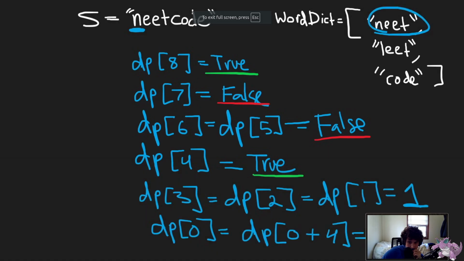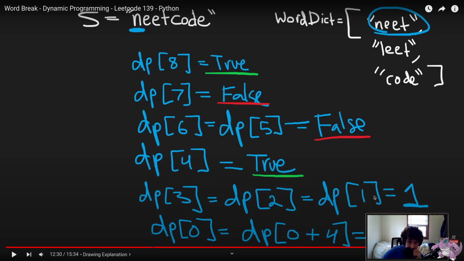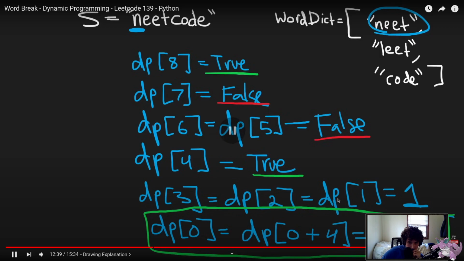We know that was true, so we can set dp of 0 equal to true. So this is basically the result, right? This is how we're going to compute it, and this is what we're going to assign.